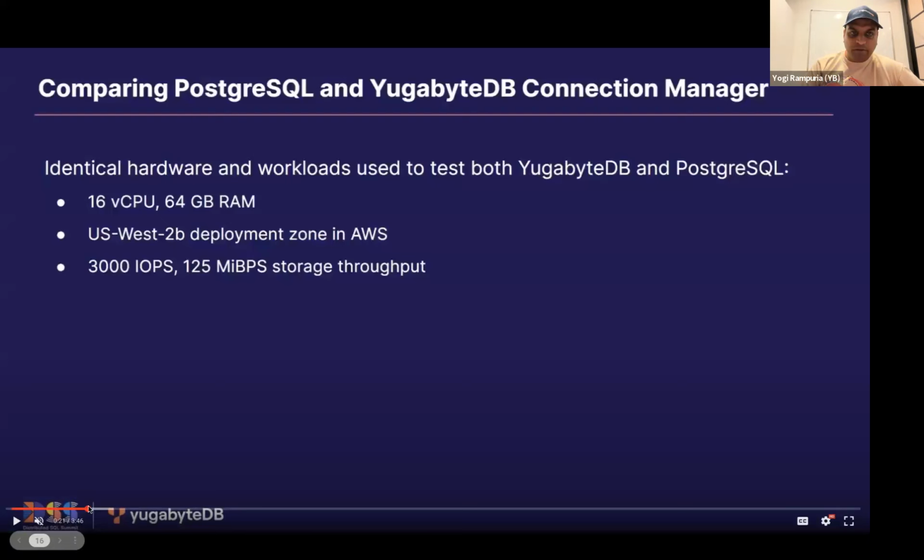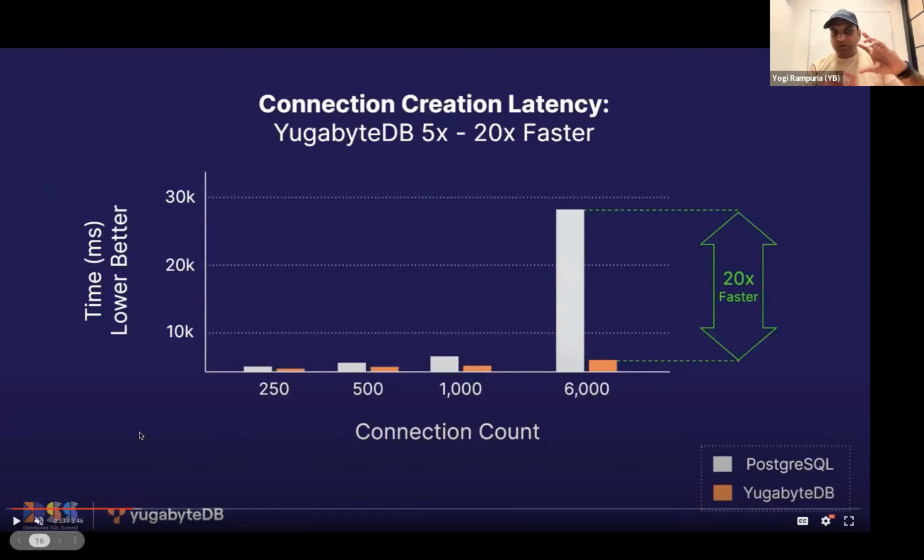If I fast forward a bit to this, this is what we saw: every connection that gets created in Yugabyte, at scale, at high numbers of concurrency, is about 20x faster than the equivalent Postgres.